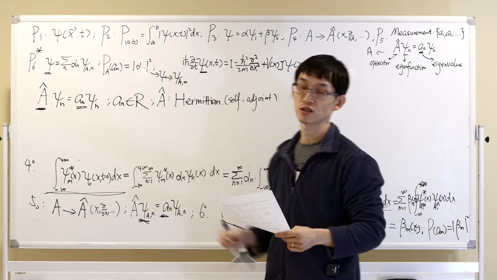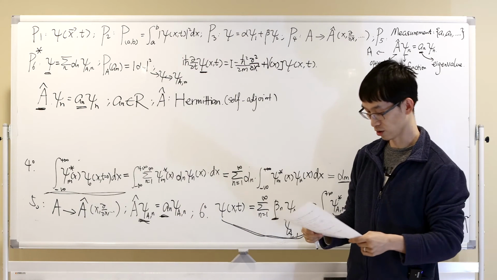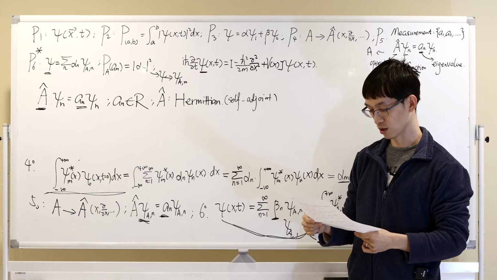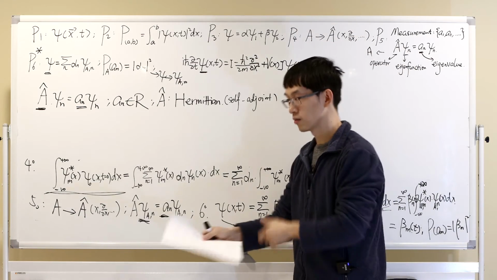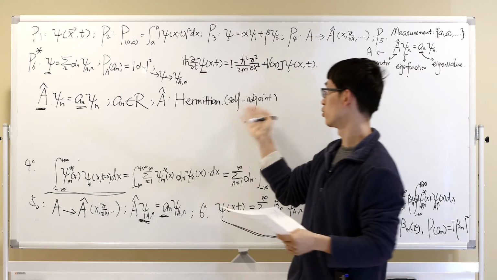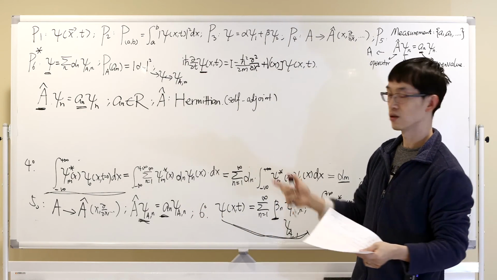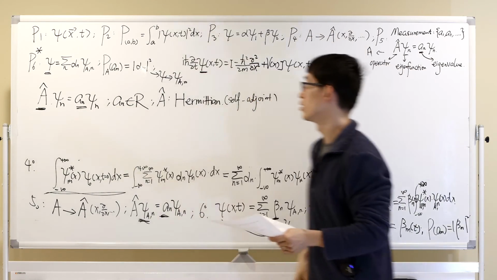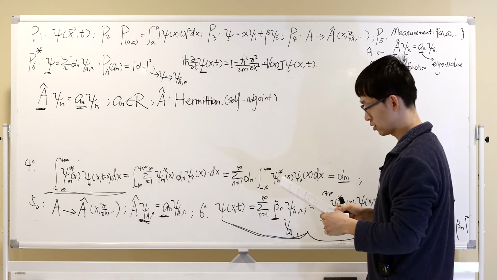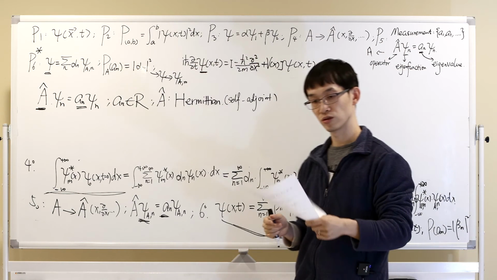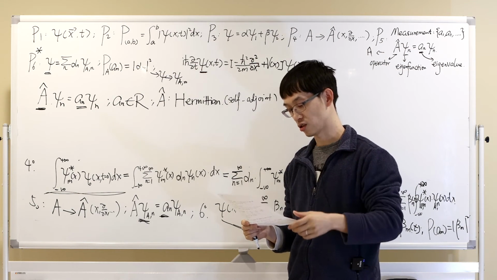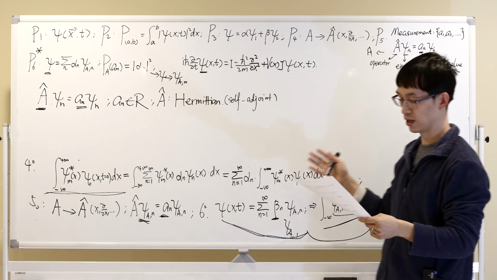Hermitian is a word you will hear a lot if you go to quantum mechanics or any quantum-related conference. I'll quickly show you what Hermitian or self-adjoint means and why it gives us a real eigenvalue. The definition of self-adjoint is written on page 30 of the lecture notes. I'll just read it out.